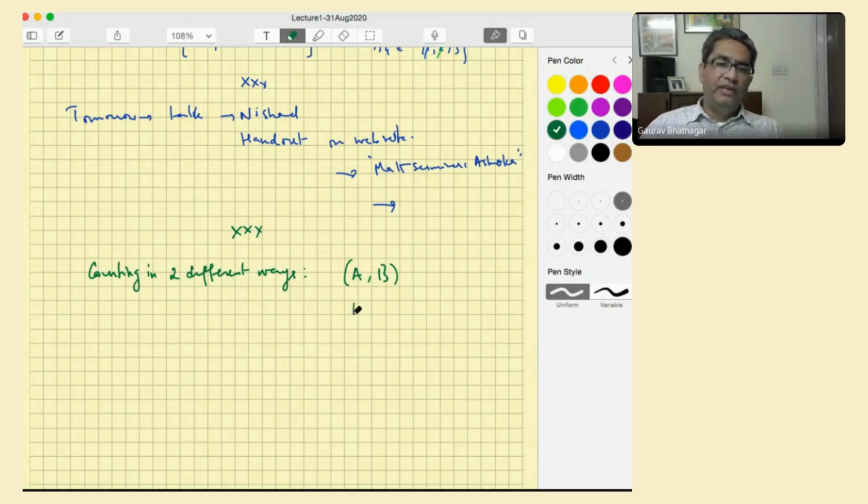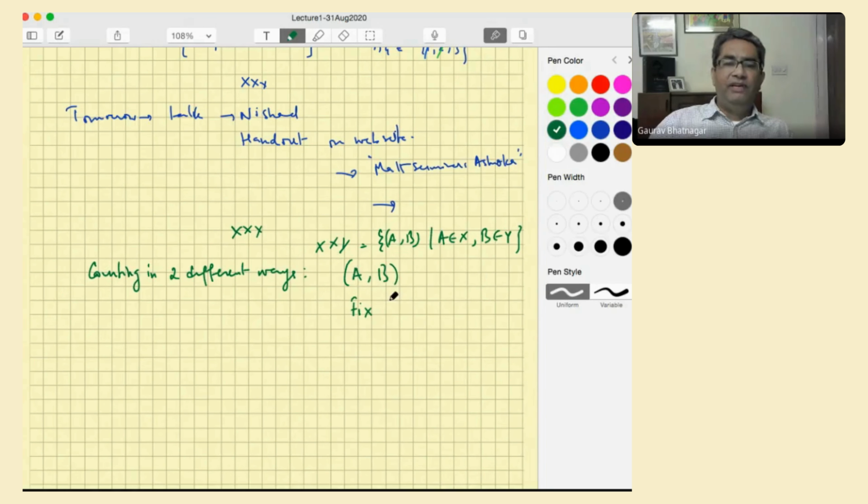We count a set X times Y, which is ordered pairs like this. We fix a, count b, and fix b, count a.